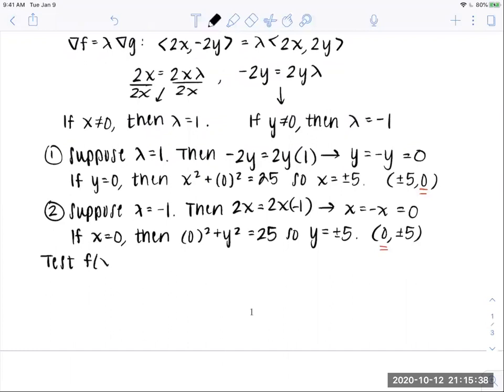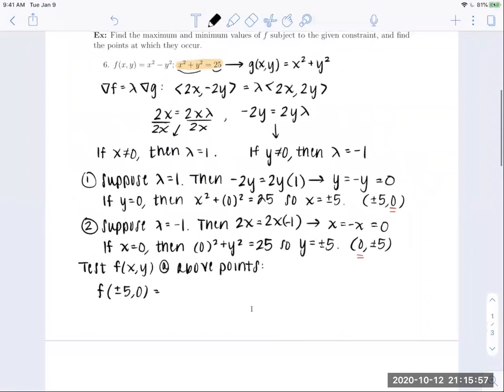So we're going to test the function f of x, y at the above points. We have f of plus or minus 5, comma 0. First of all, remember our function was x squared minus y squared, so that's 25 minus 0, which is 25. And let's evaluate also at 0, plus or minus 5.